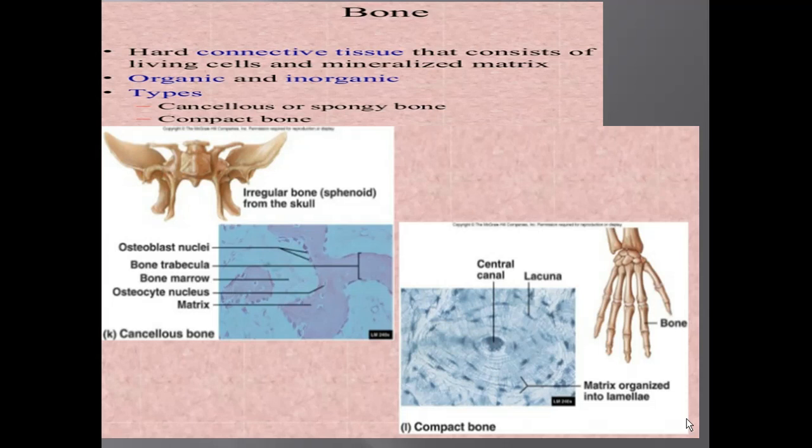Cancellous bone, or spongy bone, you will see under the microscope, and I'm sure you will see this picture in human biology, with the same pointers here: osteoblast, nuclei, bone marrow, osteocyte and matrix. This is for cancellous bone. For compact bone we have the central canal, lacunae, and the matrix, which is organized into lamellae.